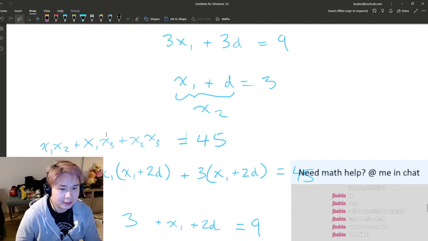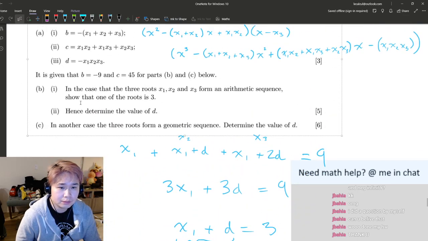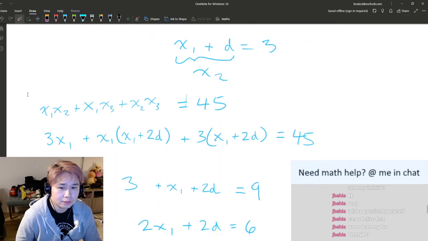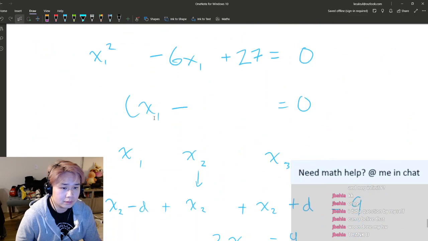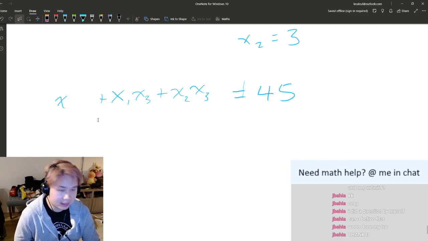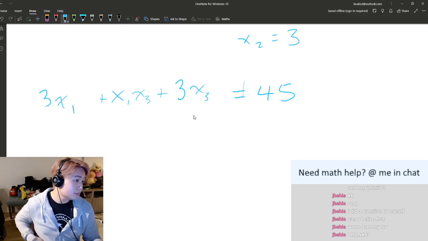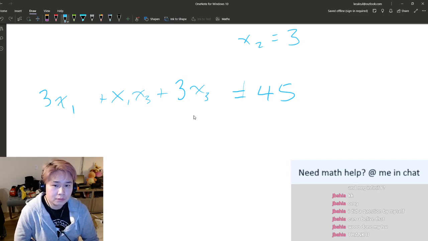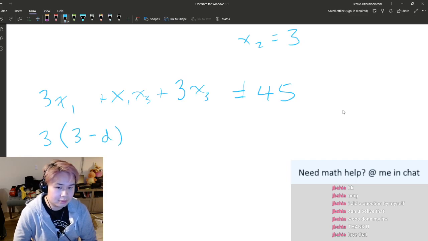So we take this expression, and then we replace x2 with 3. And then x1 is 3 minus d, because this was x2.